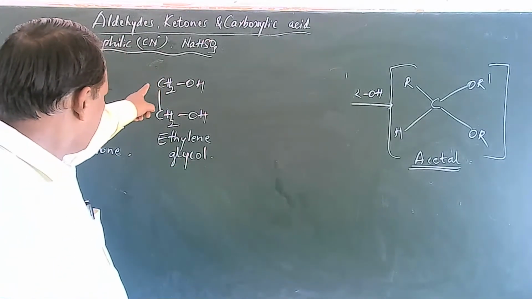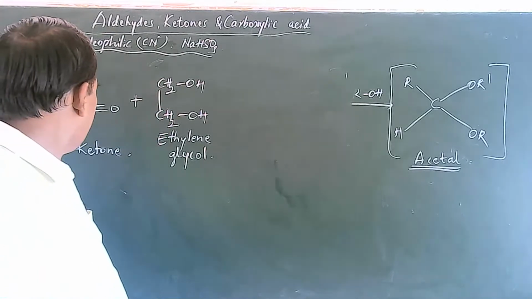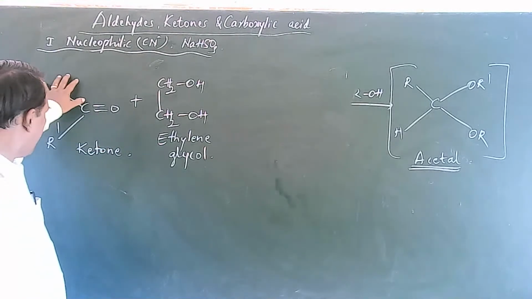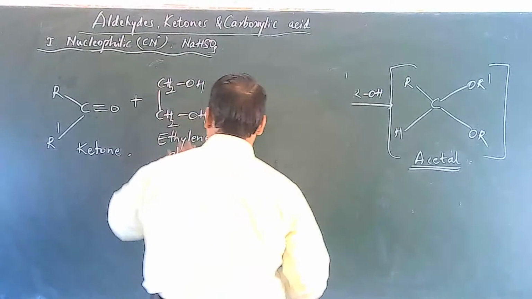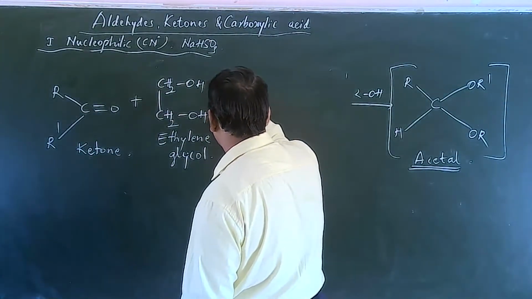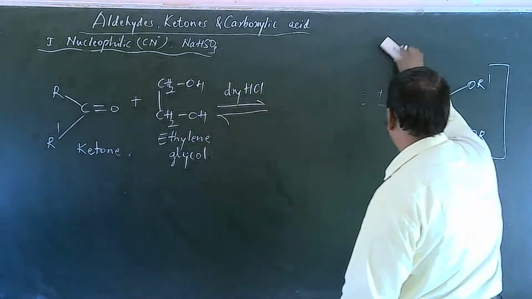This is an addition reaction. When the ketone reacts with ethylene glycol, it is a reversible reaction in the presence of dry HCl.